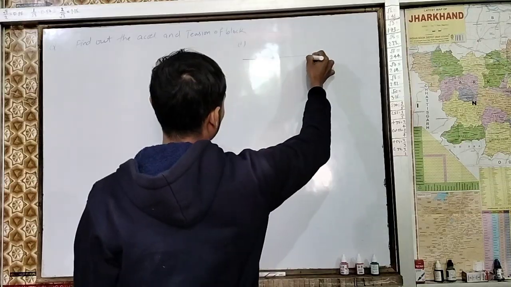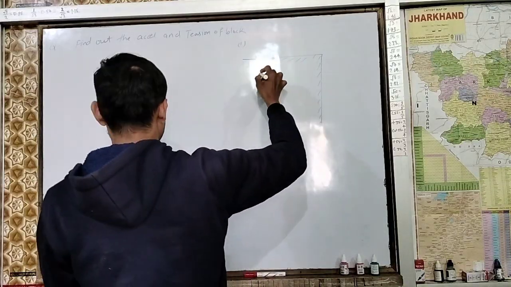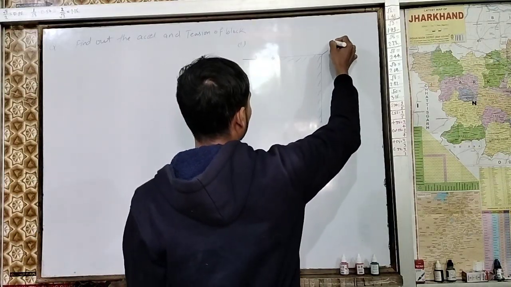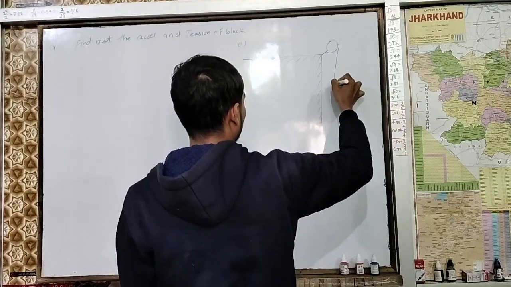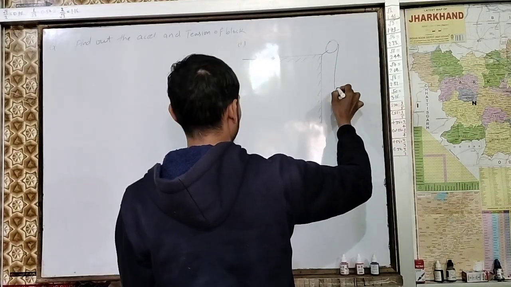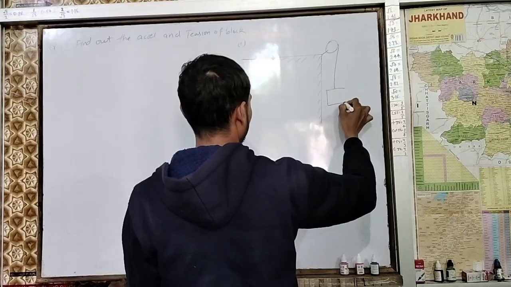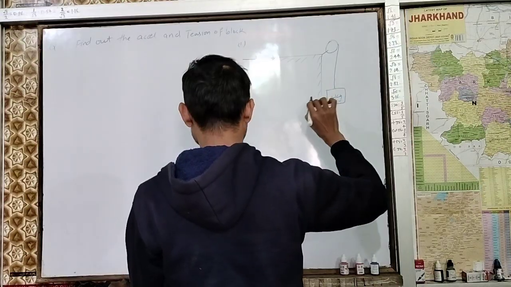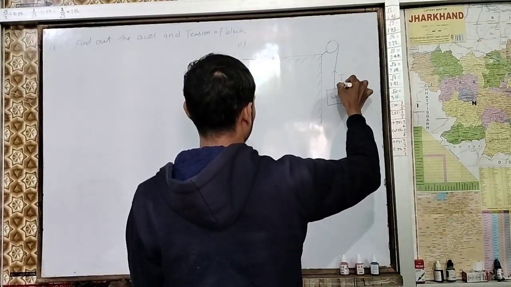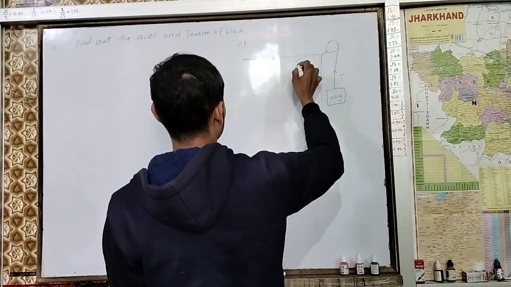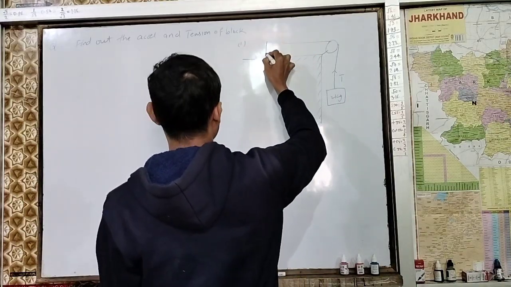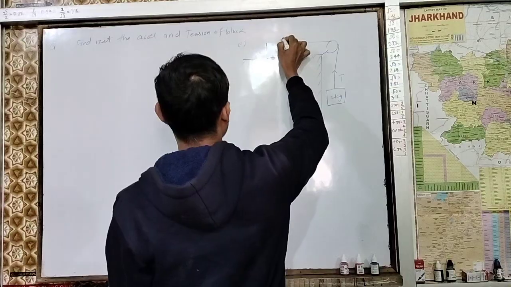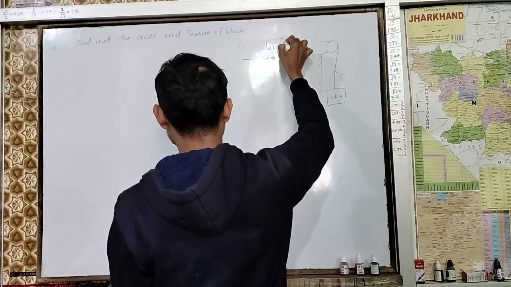First figure in front of us is like this. Okay, pulley is over here. Mass is 2 kg. 2 kg mass. T upward. Okay, no problem. Over here, object is 4 kg.